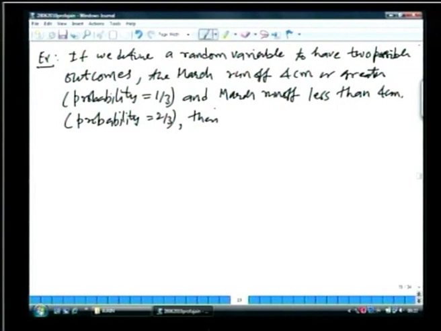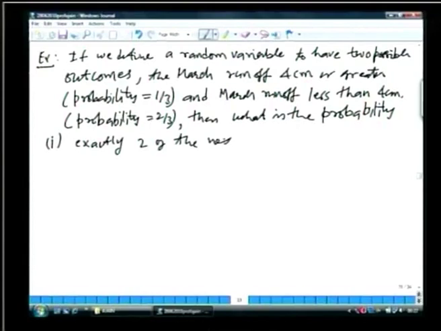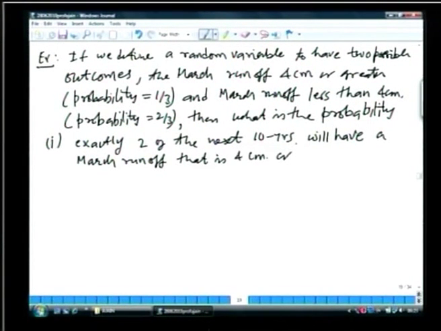Then what we have to answer is, what is the probability that exactly two of the next 10 years will have a March runoff that is 4 centimeter or more.